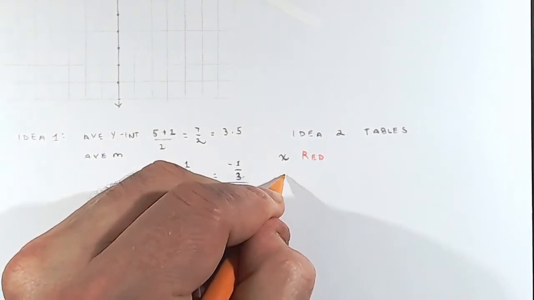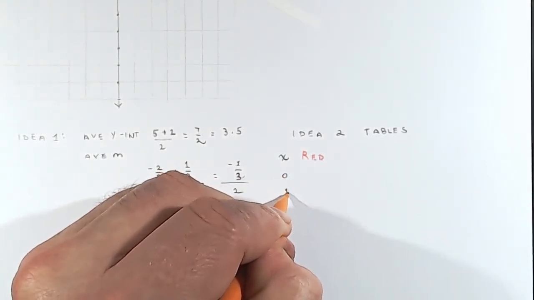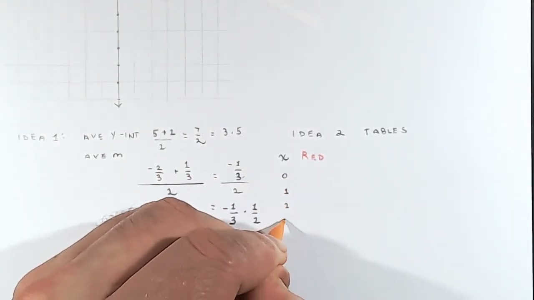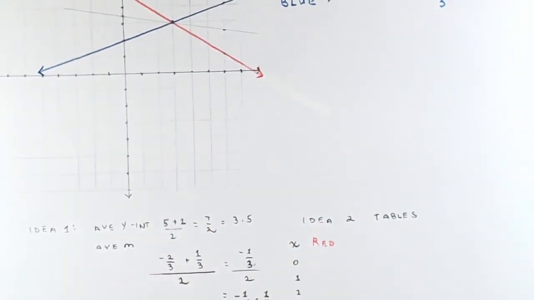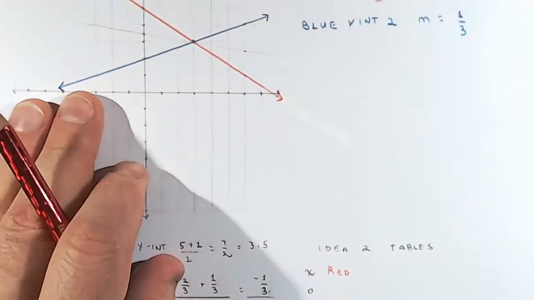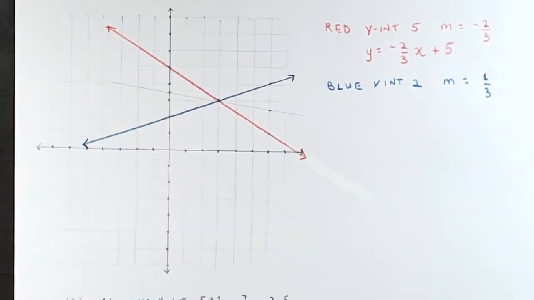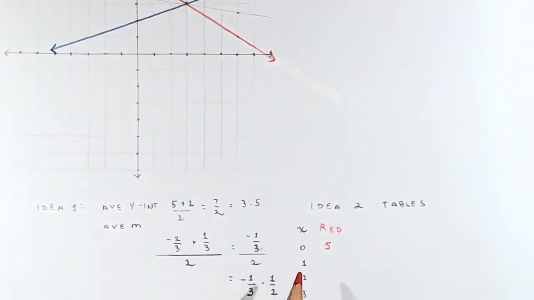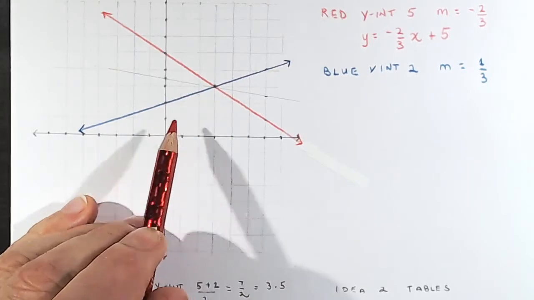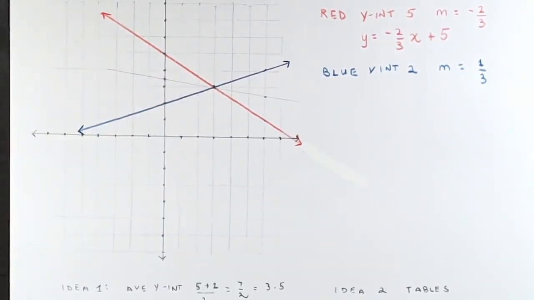We'll start with x is 0, and then when x is 1, 2, 3, and so on. So for my red values, what I'm looking at is the y value when x is 0. Okay, so when x is 0, y is 5. When x is 1, y is, well, we would need to plug that in, wouldn't we? We would need to solve that.